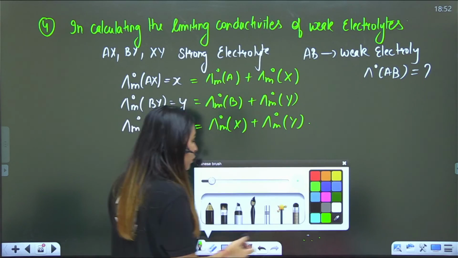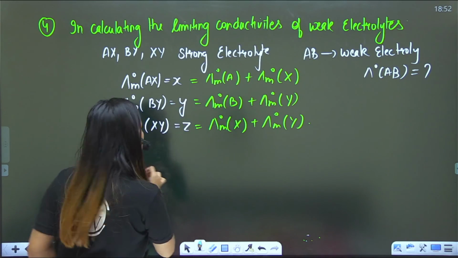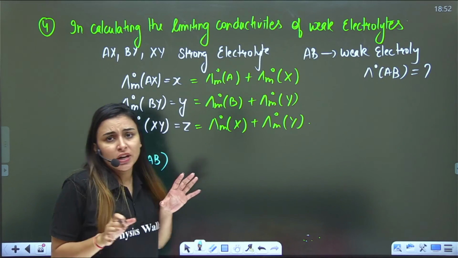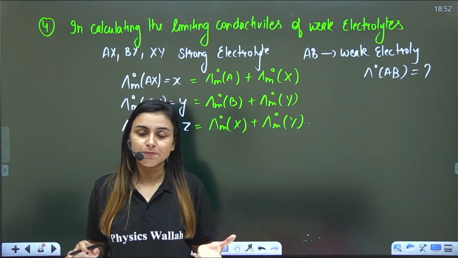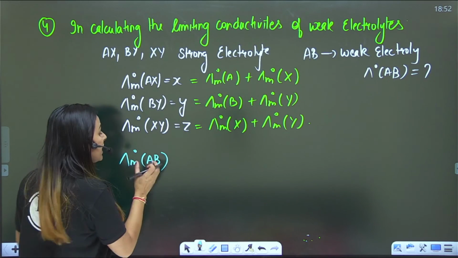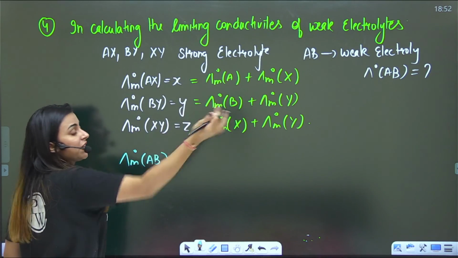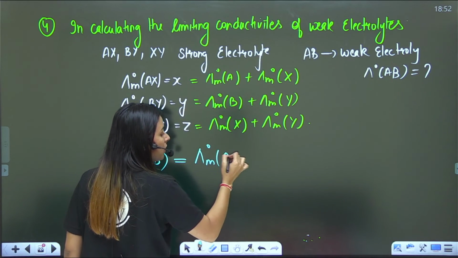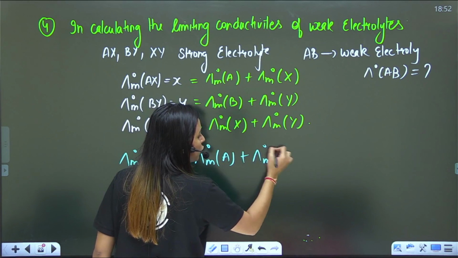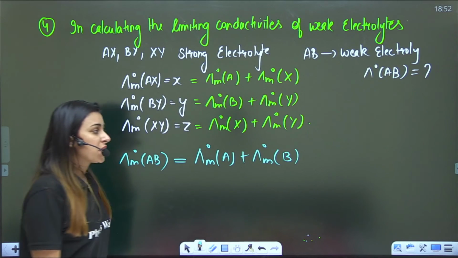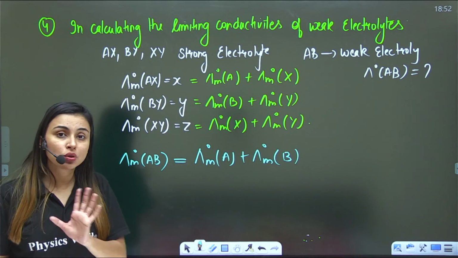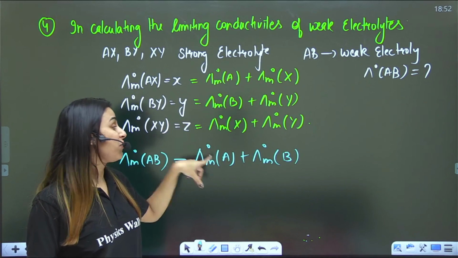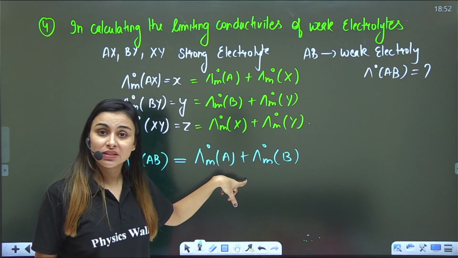What we have to calculate is the limiting molar conductivity of AB. See, I know that AB is a weak electrolyte, so I don't know the direct value of AB. But I know that if I dilute it to the infinite dilution, according to Kohlrausch law, this should also be equal to the limiting molar conductivity of A plus that of B. I know this. Now, my dear students, using these three equations, can we somehow calculate this? Yes, we can calculate this.